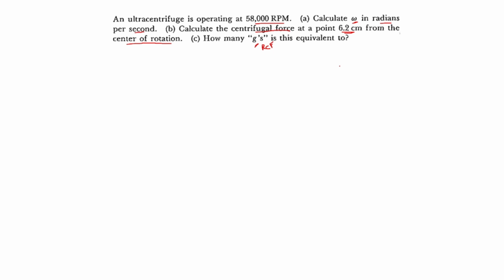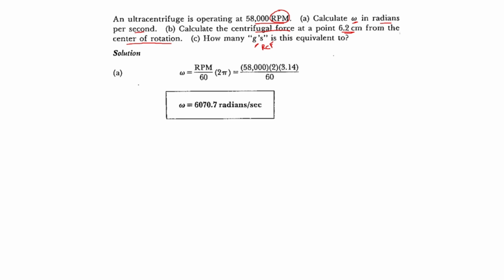Let's proceed stepwise. First, we have omega, the angular velocity in RPM, revolutions per minute. We have to convert it to radians per second. As you know, in one revolution 2 pi, that is 360 degrees, is covered, and this is revolutions per minute, so we divide by 60 to convert it to seconds.